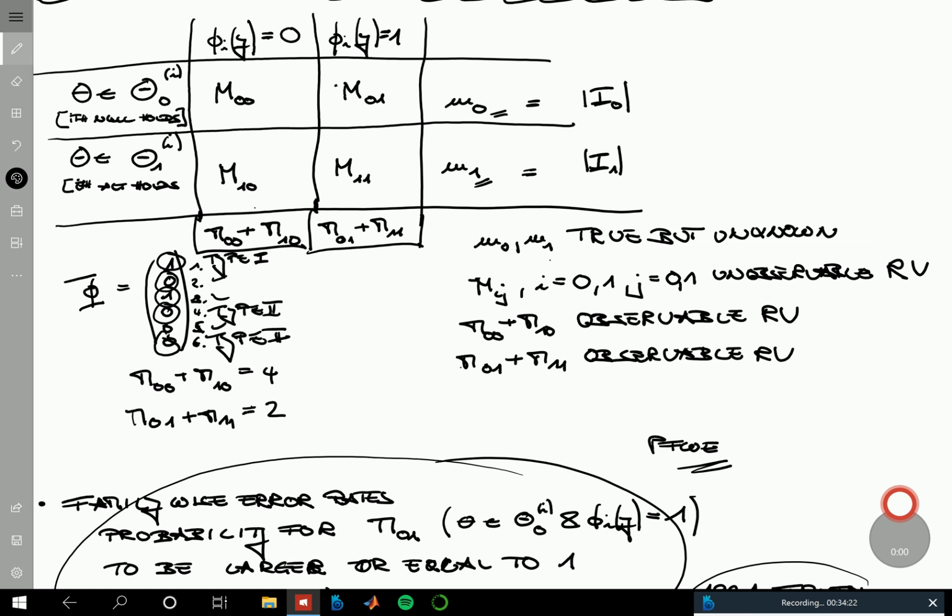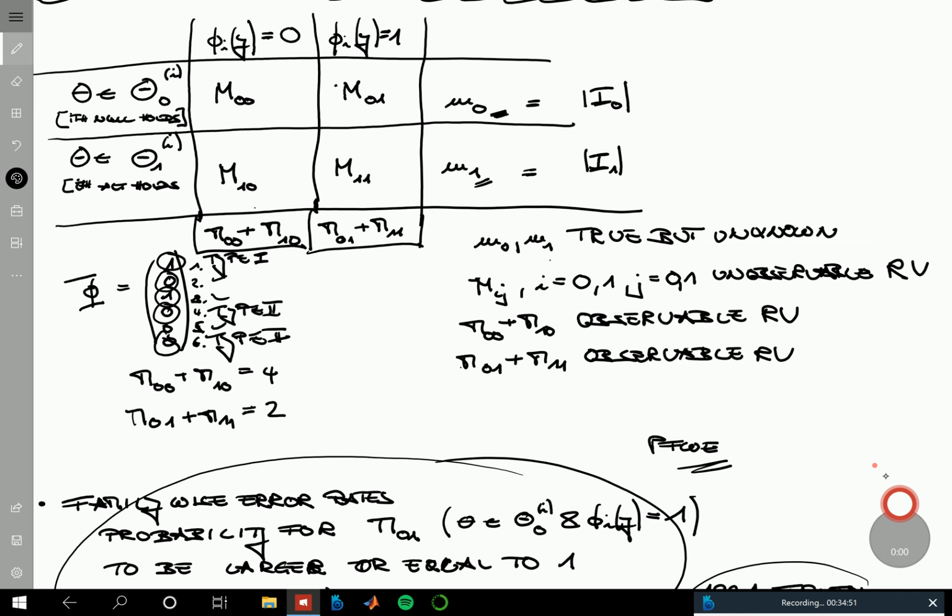But regardless of whether you know it or not, you can of course say, in principle, if M0 is the number of true null hypotheses, then it's possible that the test comes out 0 for some of them and comes out 1 for others.